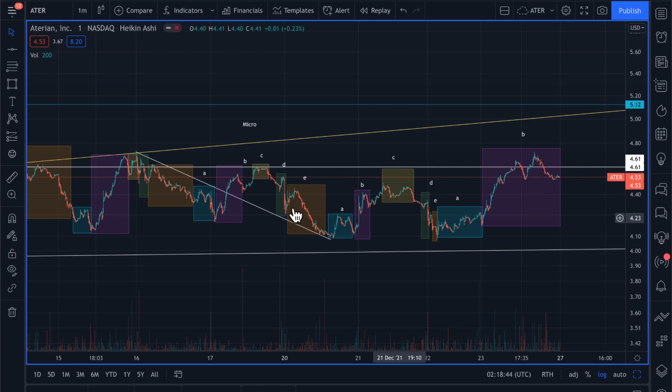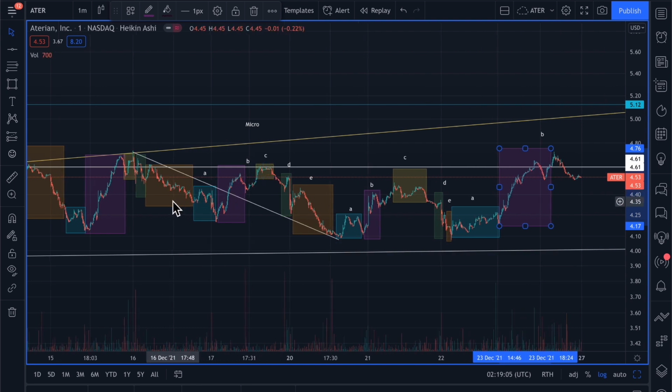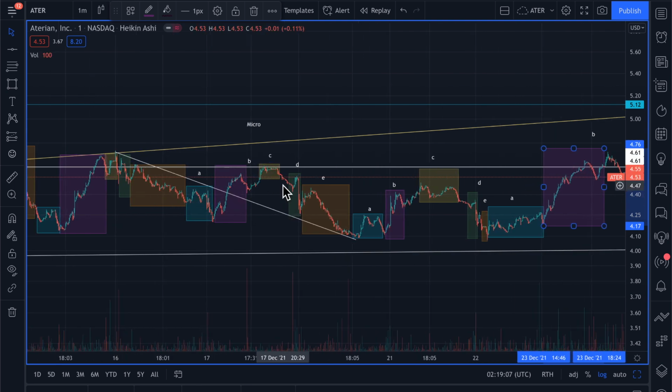And it could have, like this could be the end of B right here. But one thing I noticed is that C sets up a particular way, and I'm not sure I'm seeing that right here. So at least at this point, B is, in my opinion, this region until we see what happens on Monday. So after B, you have C, and C is the distribution.